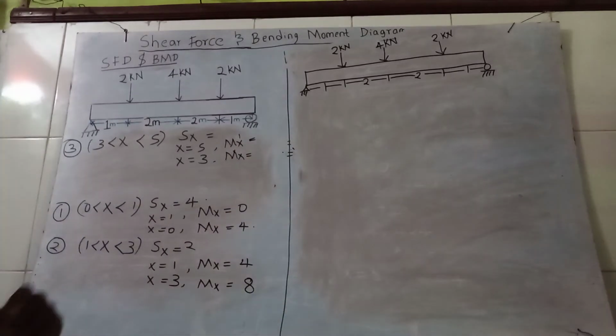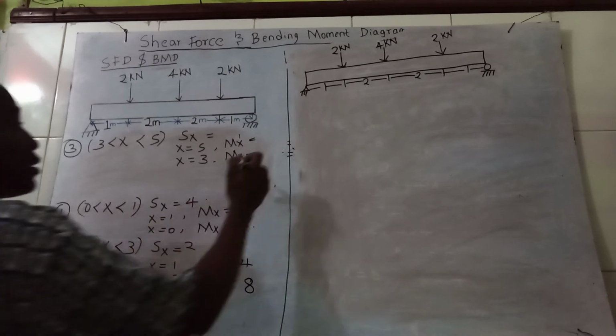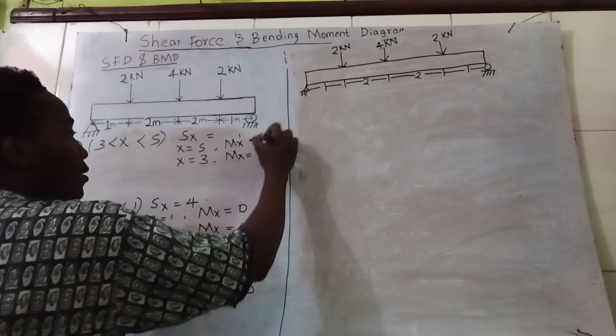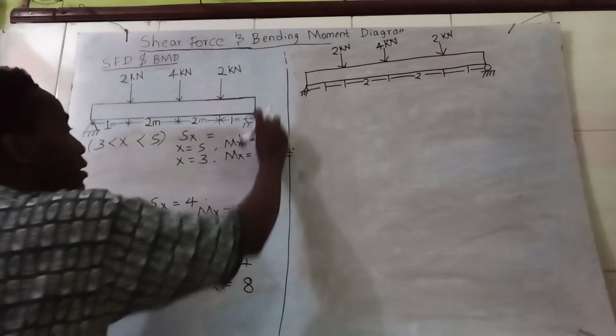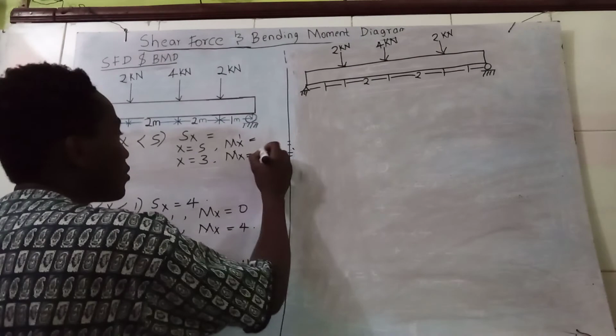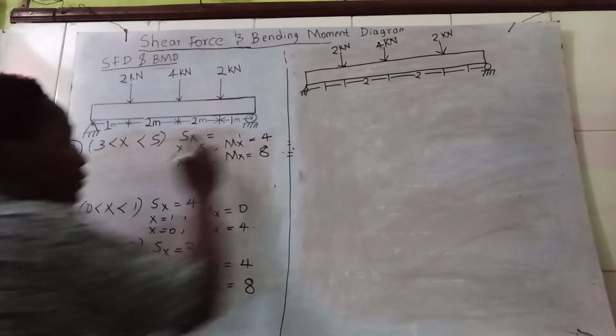There's a reason why I'm arranging them in that order. So 4, 8, sorry, 3, 8, 3 was 8, and 4.